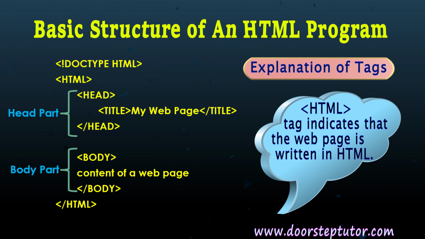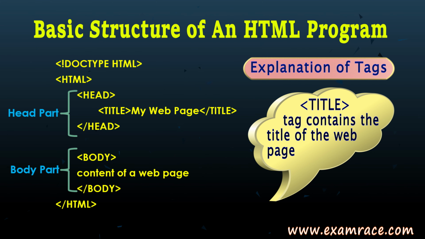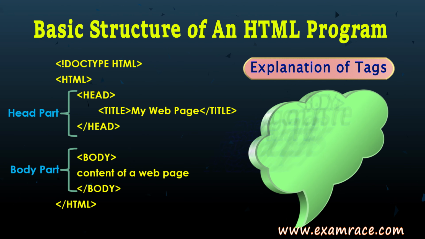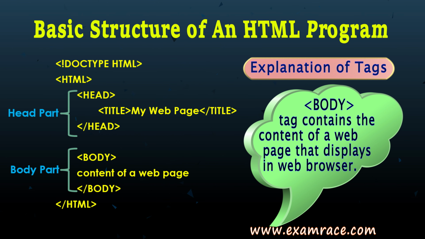Then HTML, this is the mandatory tag for the creation of HTML code, under which we will further have two basic tags like title to provide the title of the web page, like I have given my web page. It can be anything, simple text. Then body, under the body tag we will have the complete content of the web page with different attributes, different tags, combination of tags, etc. So this is the basic structure of an HTML program.